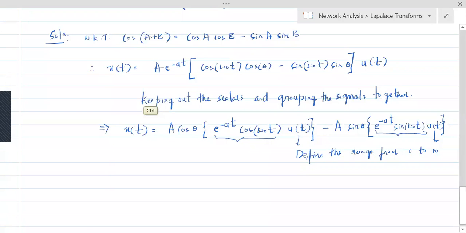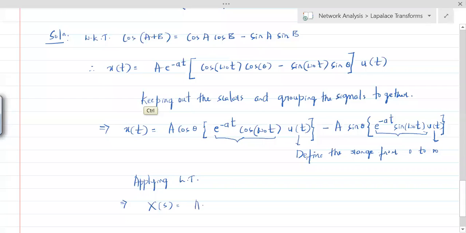Is that okay with you? Now applying Laplace transform, this implies Laplace transform of x of t is X of s.